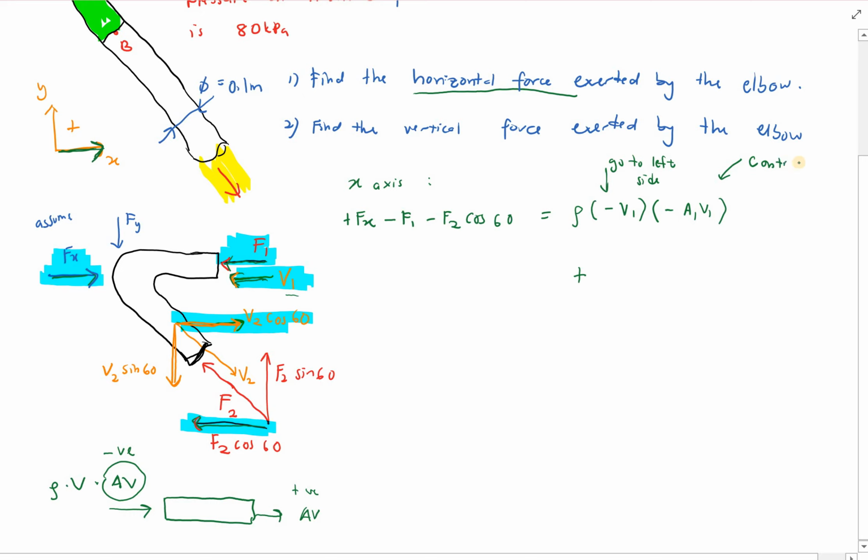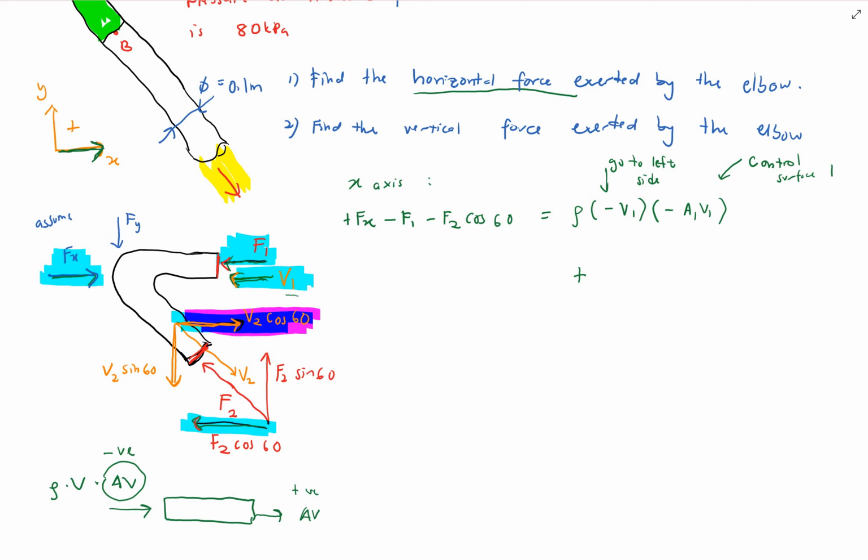Control surface 1, which refer to this control surface. Now look at control surface 2. You are now looking at this force V2 cosine 60.